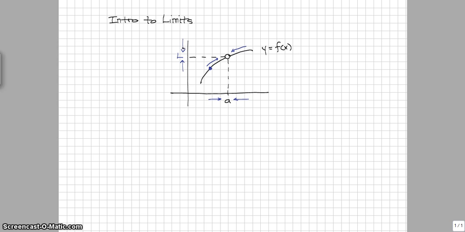So we can retain a limit even if our function is undefined, and even if our function was defined as being something completely different. That wouldn't change the fact that as we choose input values that approach a, we get output values that approach L.